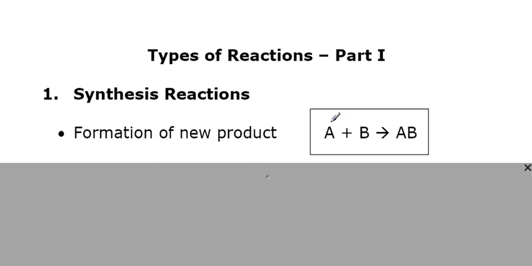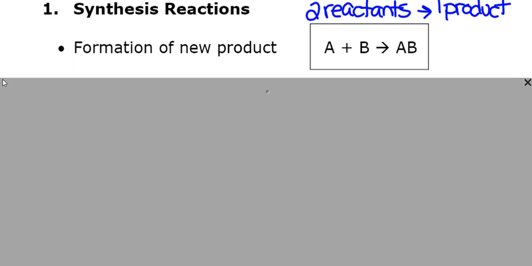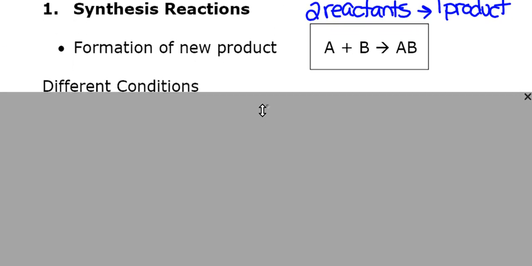So here, if we're looking for a pattern, there's two reactants, and you're getting one product. So we're going to see that play out in a couple of different ways, and we'll look at a few different scenarios as we start to look at our synthesis reactions.